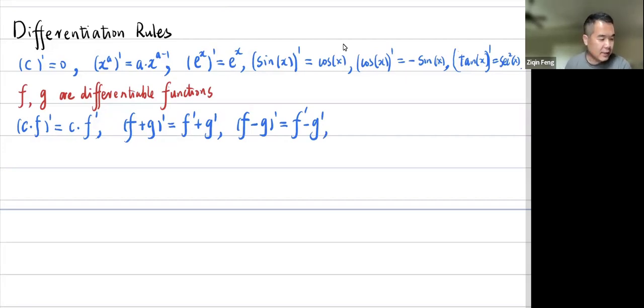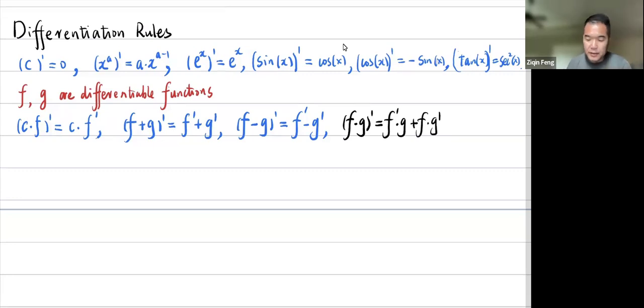And what's next is we can differentiate a product, right? We have that f times g, prime is f prime times g plus f times g prime. So that's the product rule.